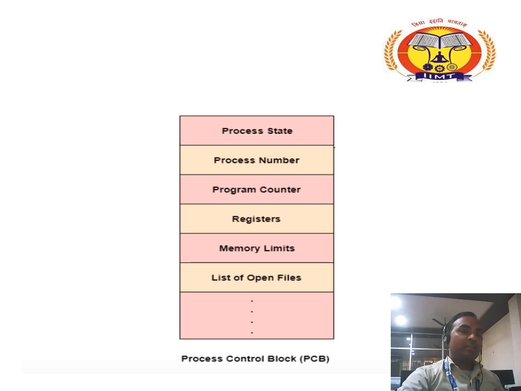Now the registers. What are registers? Actually, when the CPU is going to execute any process, any task, then there are so many registers within the CPU. So these registers are also known as the CPU registers. Next is memory limits.